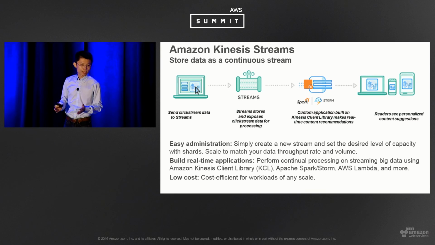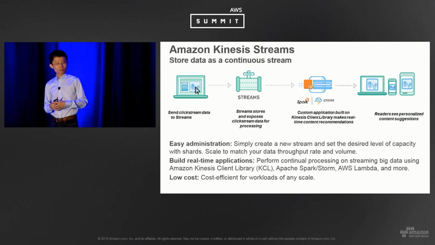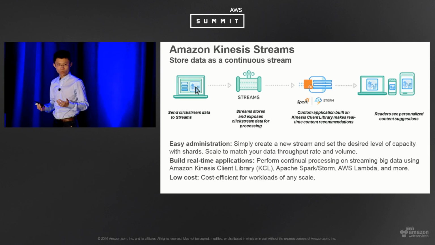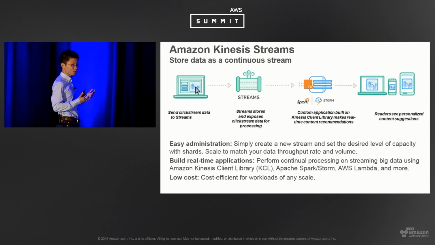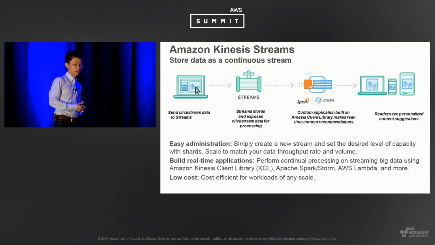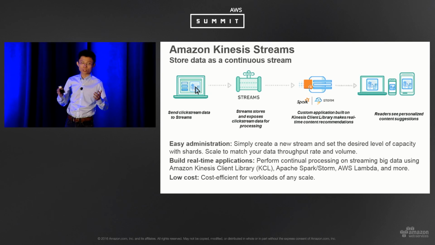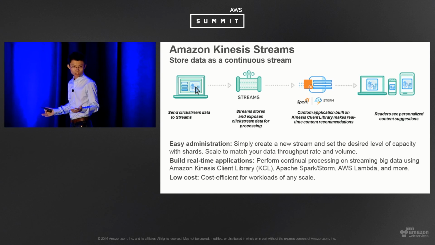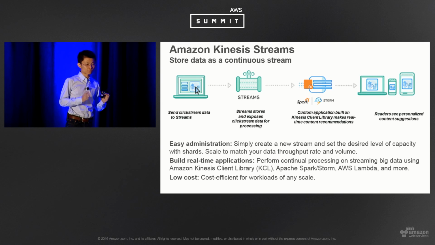Then on the right-hand side, you can use a tool of your choice. It could be Kinesis Client Library, Spark Streaming, or Storm, to read the data out of the Kinesis stream and process it with your own custom logic. So you have full control of how the stream is organized, how you scale the stream, how you partition the data, how you read the data, and how you process the data. It's fully flexible.